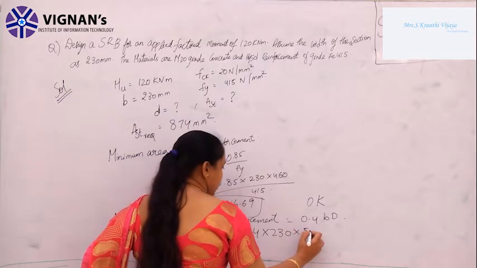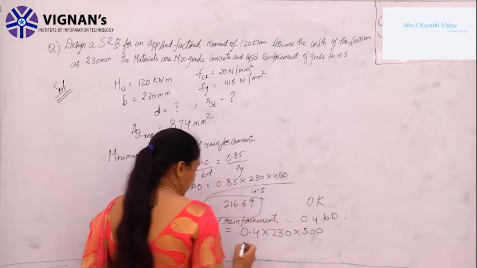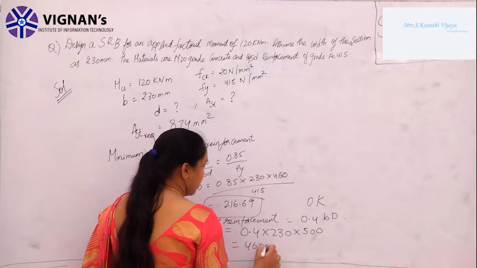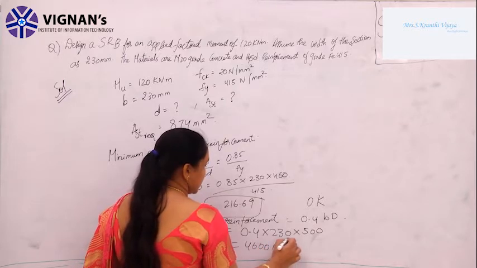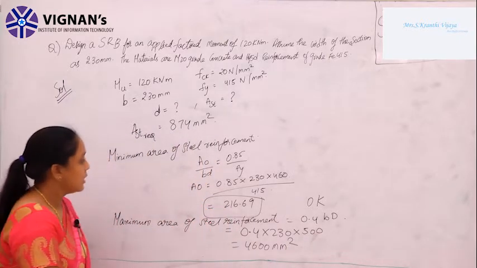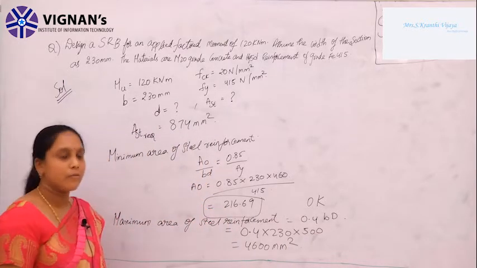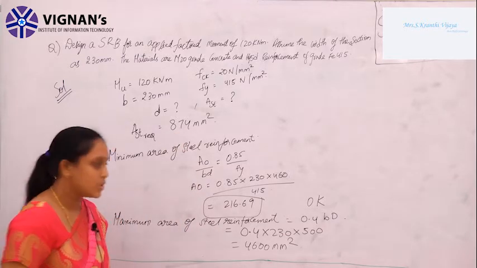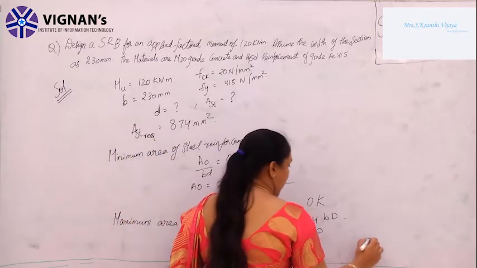So, overall depth of the beam is how much? It is 500. So, if you solve this, you will get a value of 4600 mm square. This is the maximum area of steel reinforcement which is to be provided. Hence the check is okay.